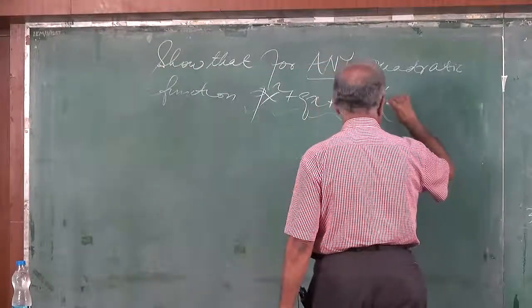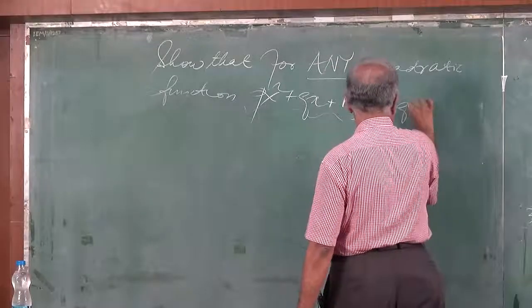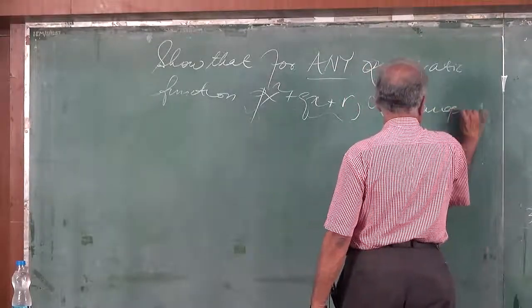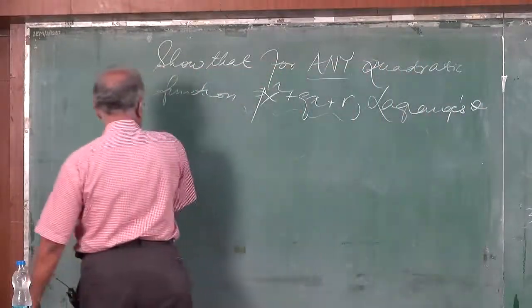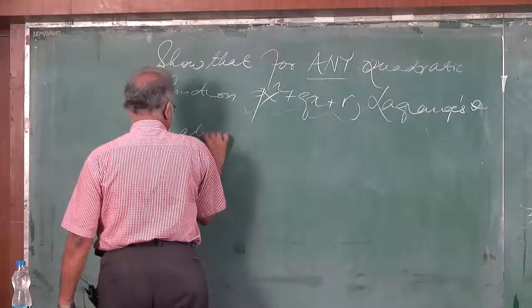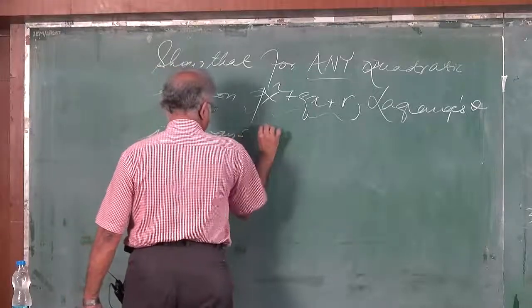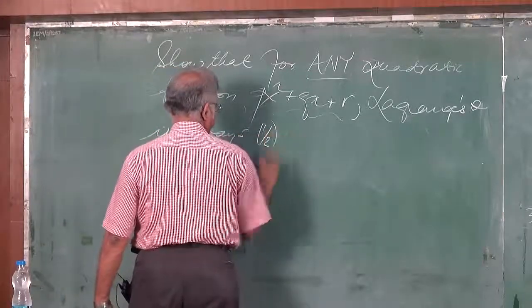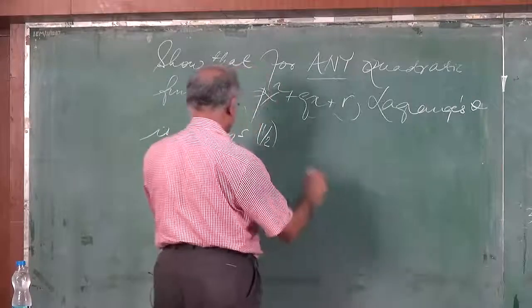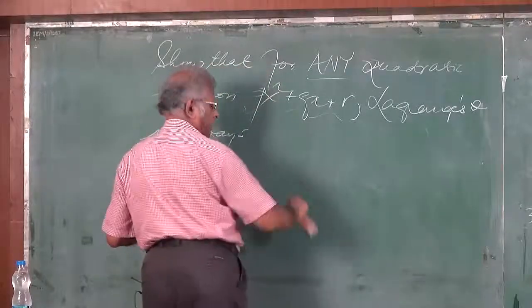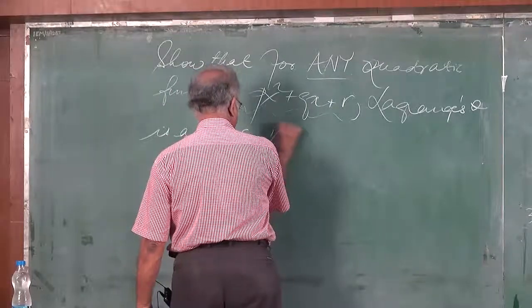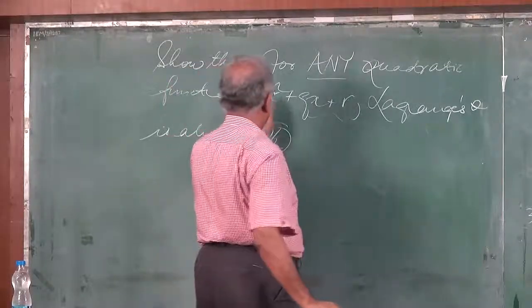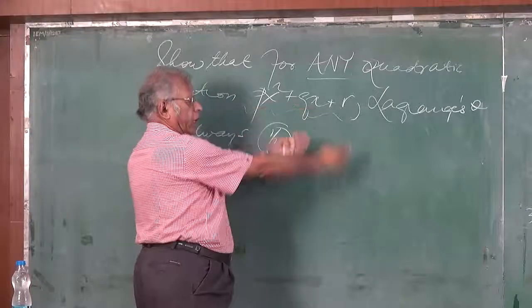The problem goes on. Lagrange's theta is always half. In other words, it is independent of two things. It is independent of what are the values of p, q and r.